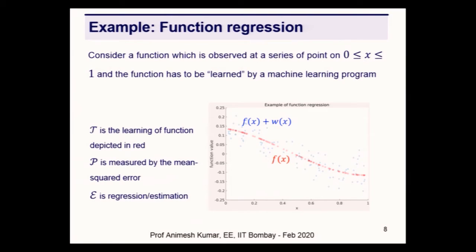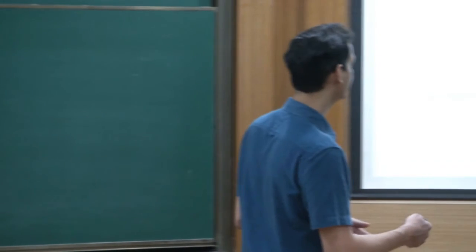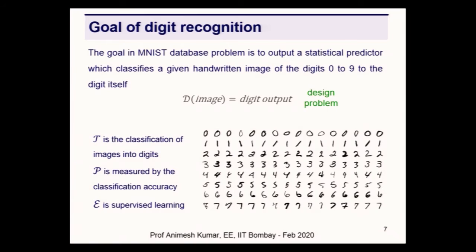And the answer to that would be infinite, right? Because there is noise, so no matter how many samples you collect, you will always have some mean squared error. The mean squared error would never be 0. Similarly, for this digit recognition problem also, the misclassification probability, or the number of misclassified entries, may never become 0, no matter how hard you train or no matter how many training samples.